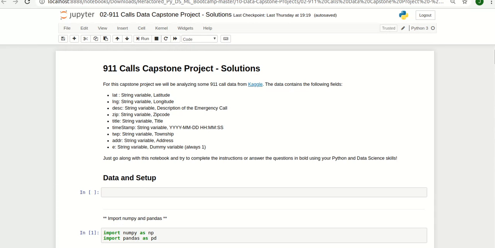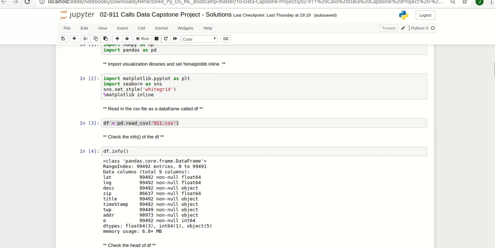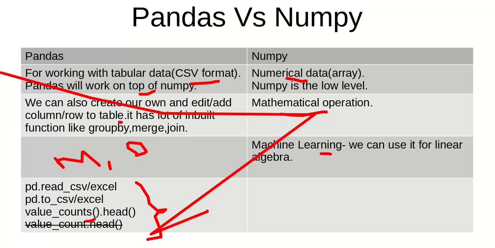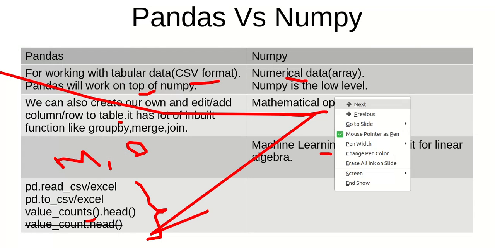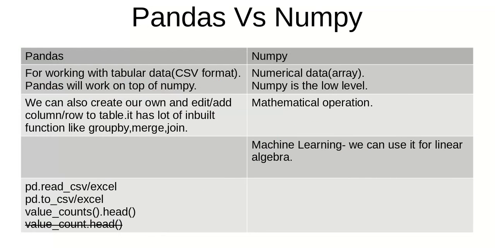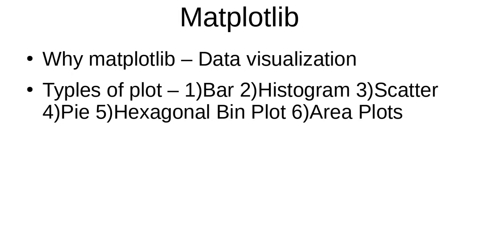Matplotlib is also used for data visualization, but mostly we will use Seaborn. Seaborn has a lot of advanced plots: bar plot, histogram, scatter, pie, hexagonal, box plot, area plots.